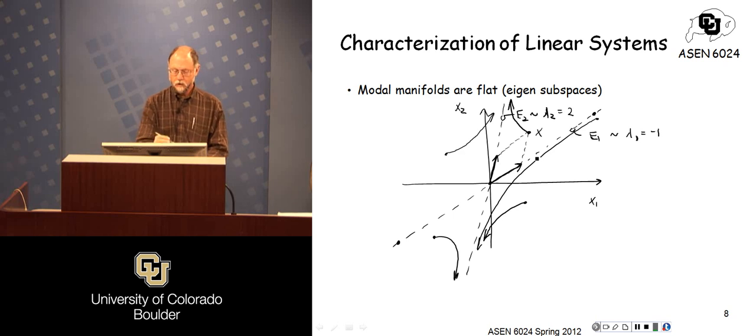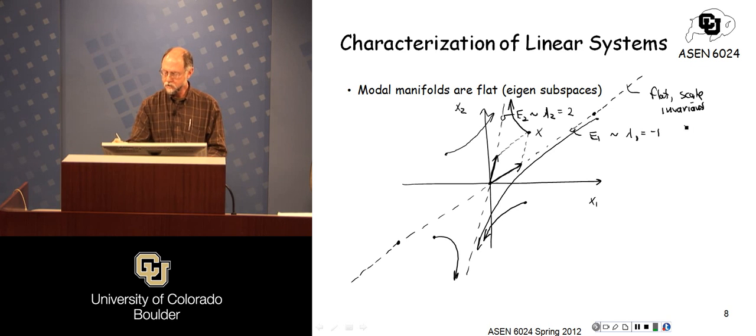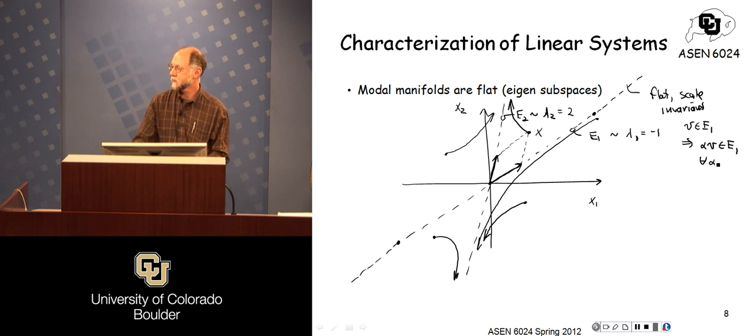And the point about these manifolds is since these are subspaces, they're flat. They're scale invariant. Which basically means that if V is an element of this subspace E1, then necessarily alpha V is in the same subspace for all scalars alpha.